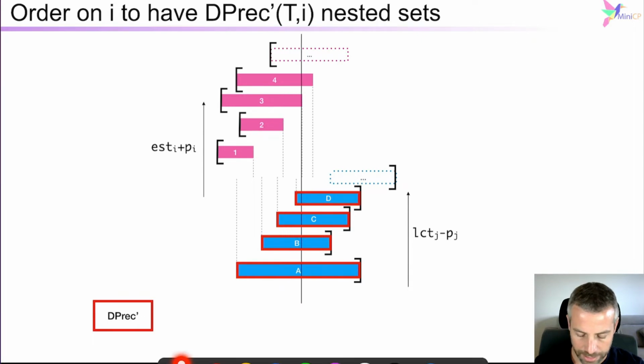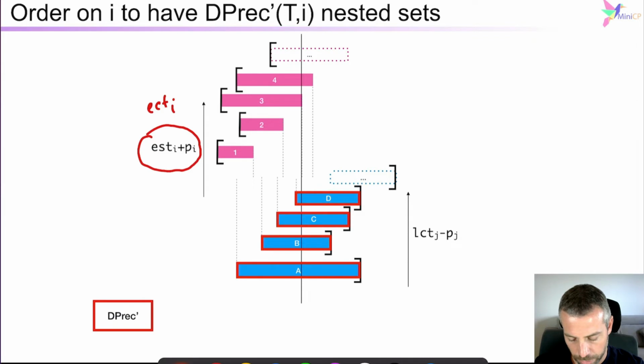So if you continue like that, then you include the activity D. Okay? So that's the specific order that we should consider. That's also the earliest completion time of I. If we consider that order increasingly, then we will have nested relations for the detectable precedence prime sets.